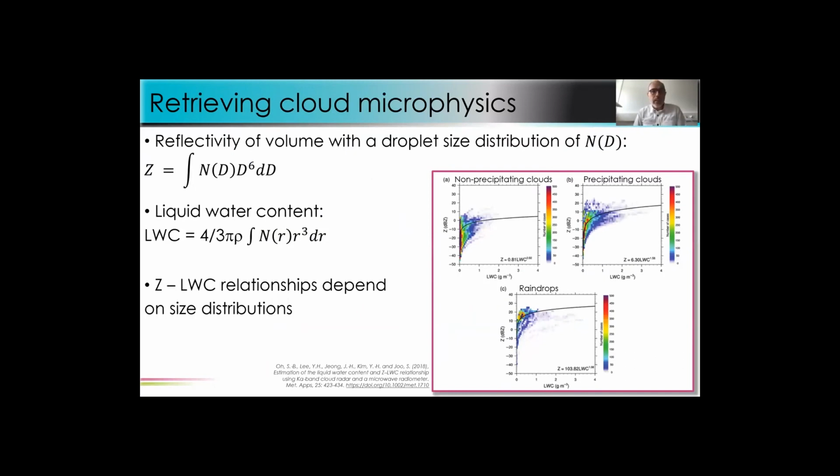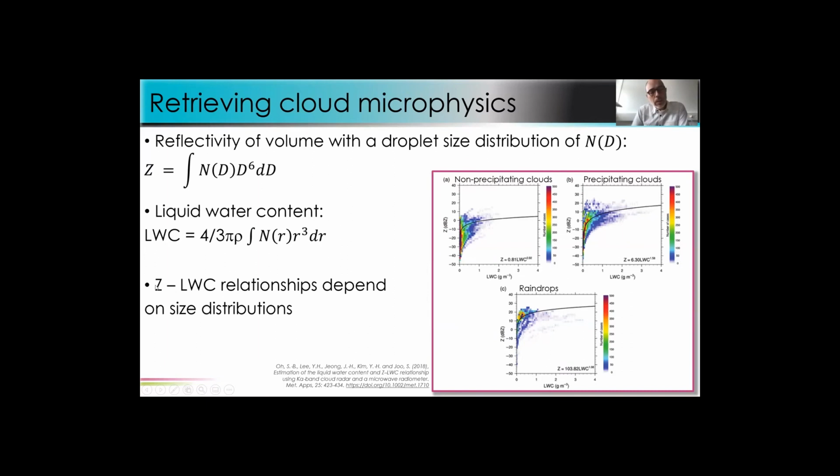Next, to access the cloud microphysics, we have to know that the reflectivity of a volume is actually proportional to the 6th power of the size of the hydrometeors. And the quantity that we're interested in, for instance, like the liquid water content itself, is proportional to the 3rd power of the size of the hydrometeor.